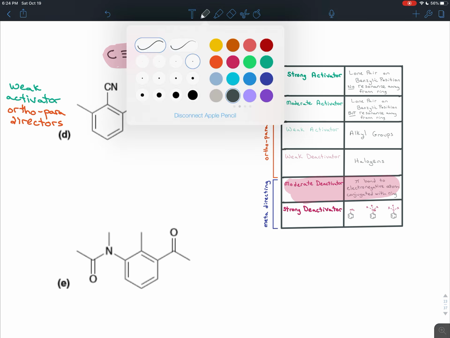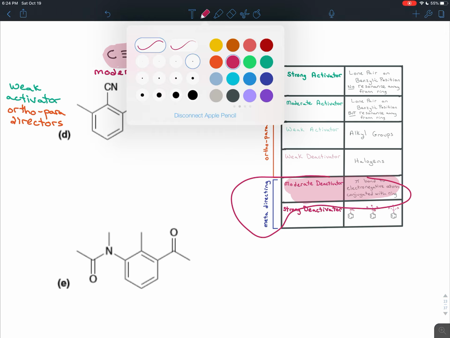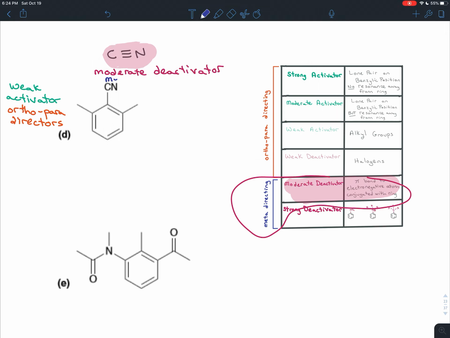And so that is going to be a moderate deactivator. And all moderate deactivators are meta-directing. Okay.